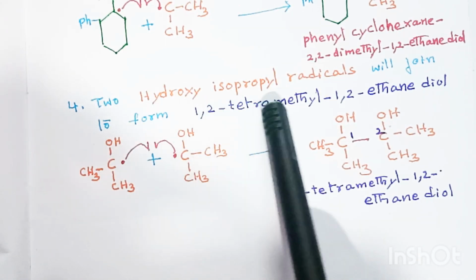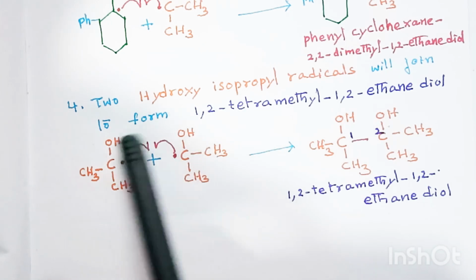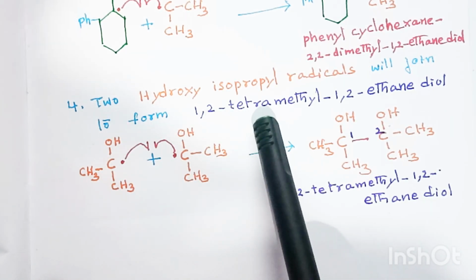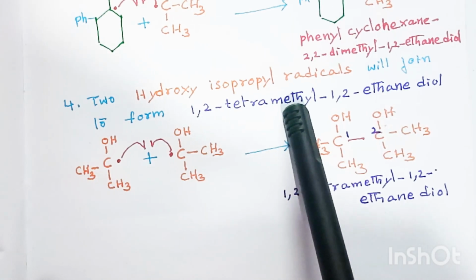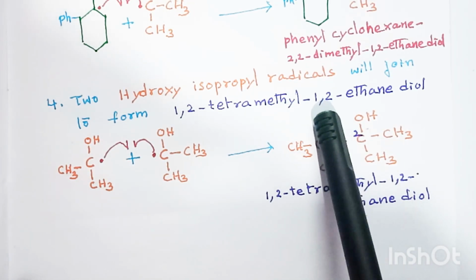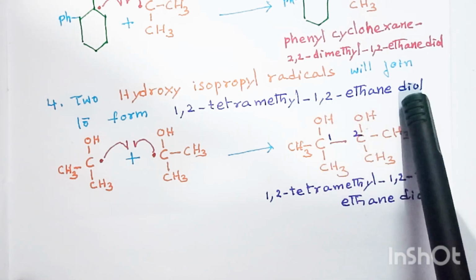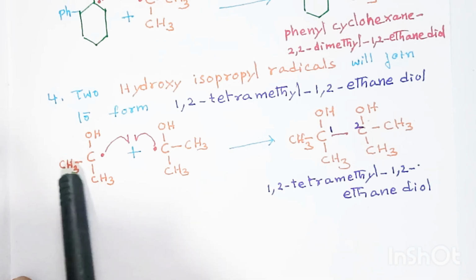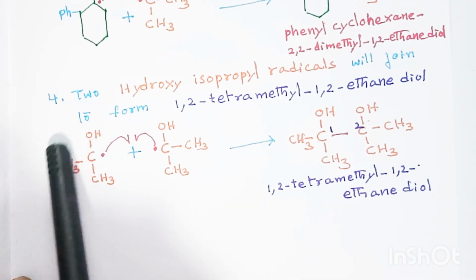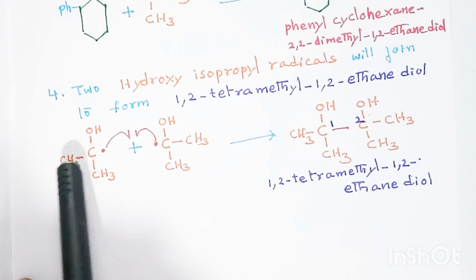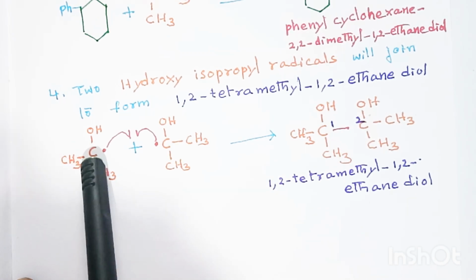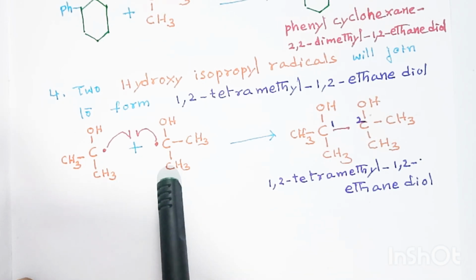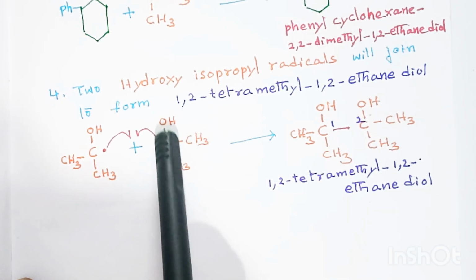Now the fourth reaction. Two hydroxy isopropyl radicals will join to form 1,1,2,2-tetramethyl 1,2-ethane-diol. Let's see the reaction. This is hydroxy isopropyl radical, that is CH3 CH3 COH radical. It will join with another CH3 CH3 COH radical.